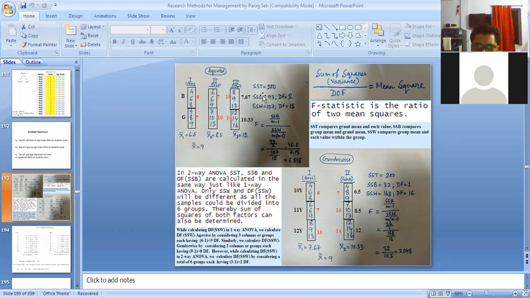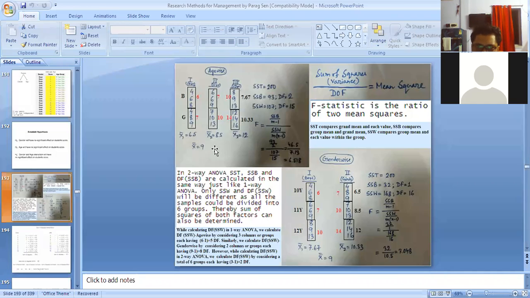The group average here is 6.5, here the group average is 8.5, here it is 12, and your grand mean is 9. So you take 6.5 minus 9 whole square, plus 6.5 minus 9 whole square, plus 6.5 minus 9 whole square. In this way, 6 times, since you have 6 elements, you will consider this.